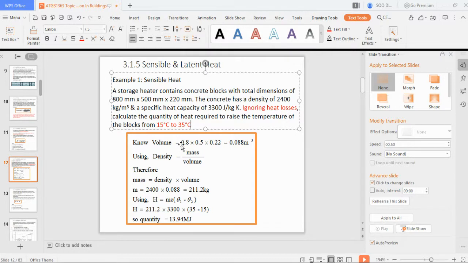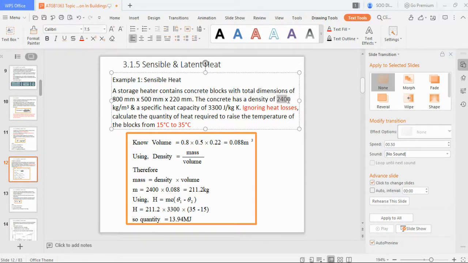A sensible heat is the temperature change which you can sense. First you have to find out what your mass is, because it's not given, to use your formula, which is mc and the difference in temperature. You're given your sensible heat formula, which is H equals mass times specific heat capacity times difference in temperature. Two of them are given, but your mass is not given. You're given your volume and also your density.